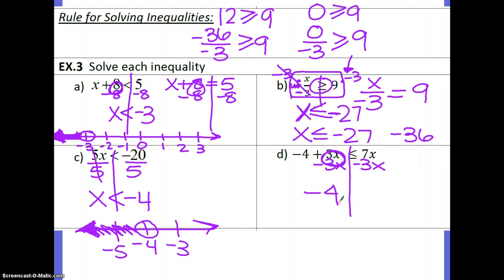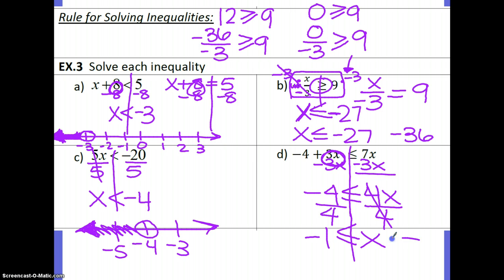I have not divided or multiplied by a negative, so I keep my symbol. 7 minus 3 is 4x. And I need to get rid of the 4 and divide it out. So I have x. I bring down my symbol. I divided by a positive 4, if you notice that. And negative 4 divided by positive 4 is a negative 1.